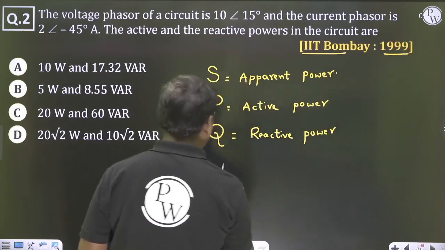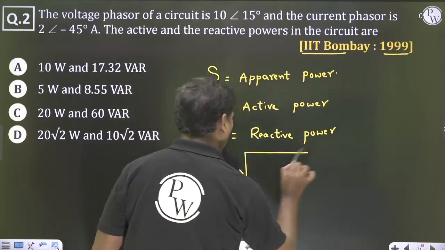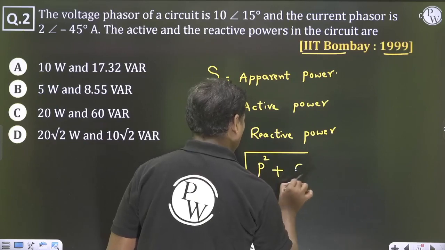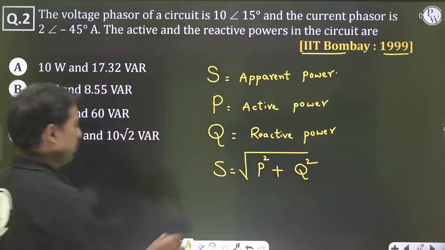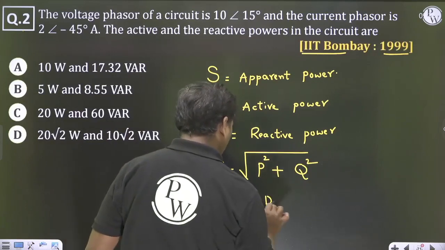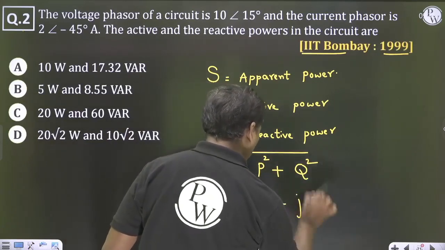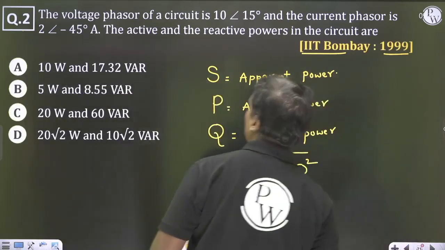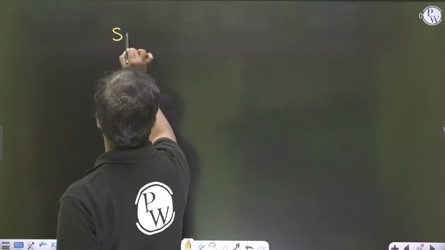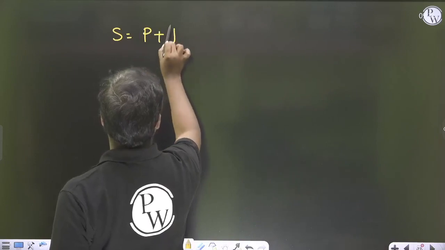S is equal to the square root of P squared plus Q squared. Am I right or not? Or in the normal format, I can write S is equal to P plus jQ.